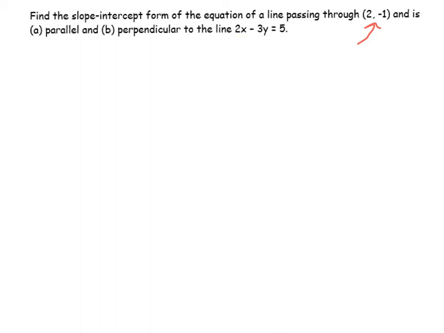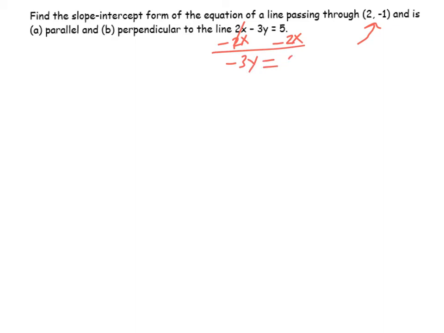Now, first things first, the whole relationship of parallel, again, is all about slope. The two lines have to have the same slope. This line was given in general form. I can't tell the slope, okay? That's no good. Nothing against general form. It's fine. Nothing against it. But if I can't tell the slope, this problem is going to be a struggle. So this equation that was given, I got to work with this a little bit.